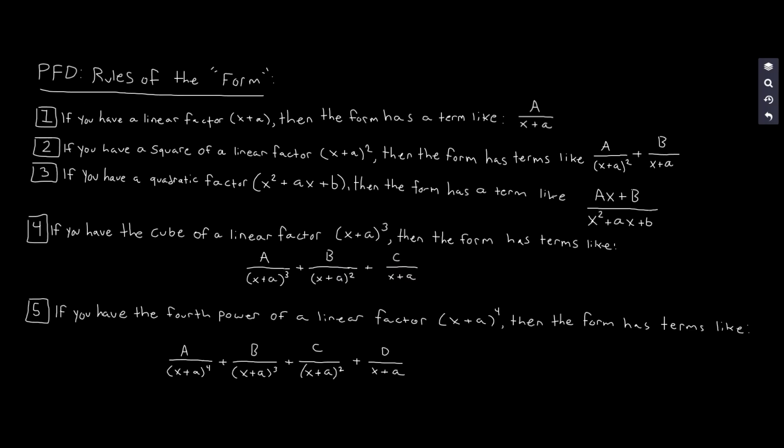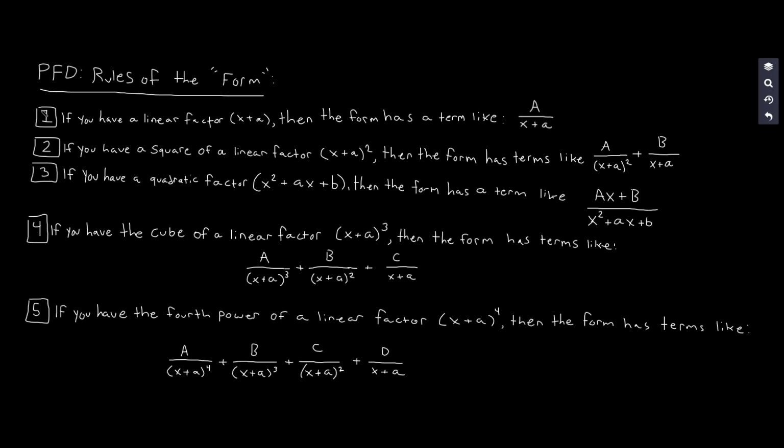So let me just look really quickly here. Yeah. Oh, yeah, because look, guys, we have a square of a linear factor, x plus a squared, and that's for us x plus 0 squared. Then the form has terms like, oh, yo, guys, it's starting to make sense to me now.